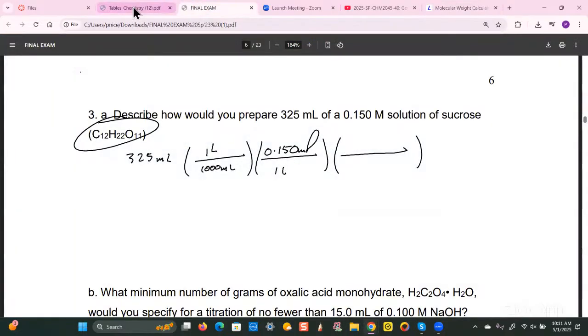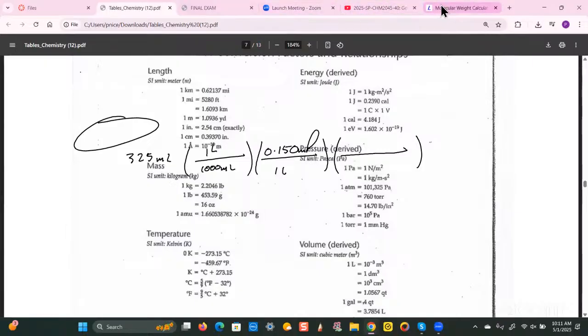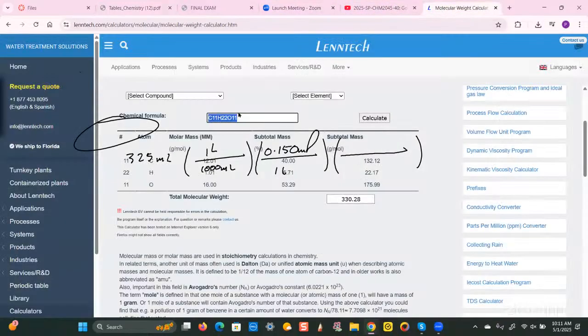C12, H22O11, right? Okay, so 342.30 grams per 1 mole, right?